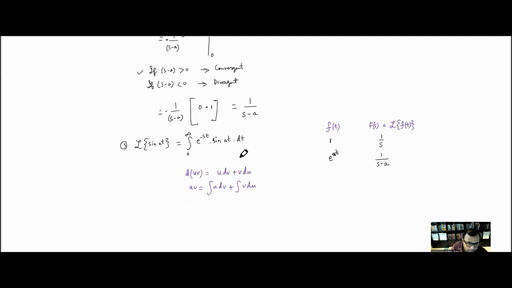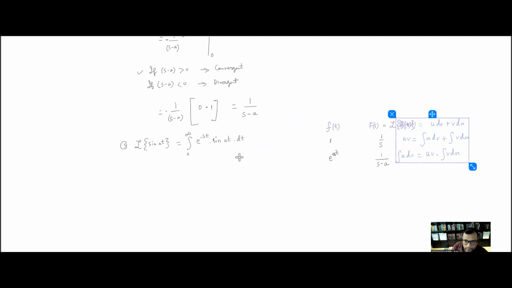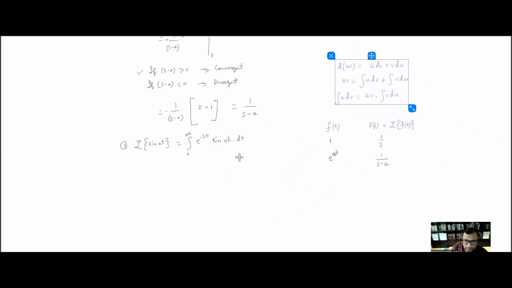And if we bring this on the other side, then this becomes integral u dv is equal to uv minus integral v du. This is called integration by parts. We all know this. We'll use this frequently, so I'll just put this on the side for reference. Now let's try to solve this.